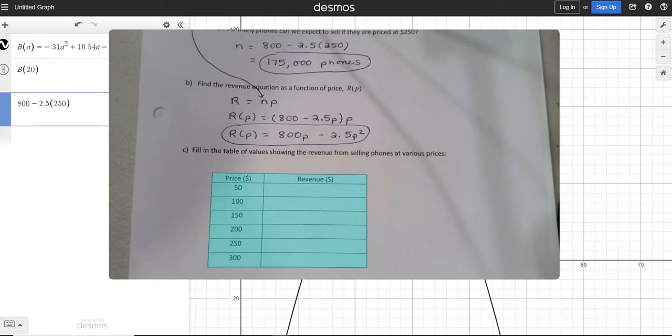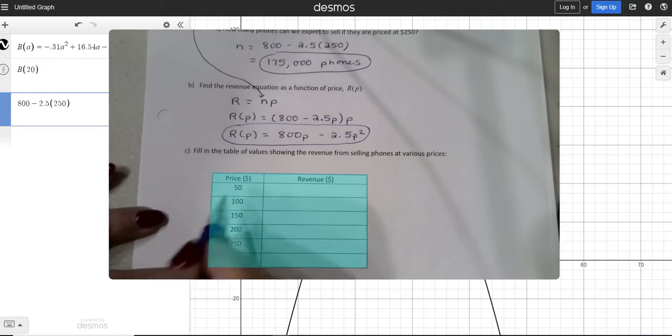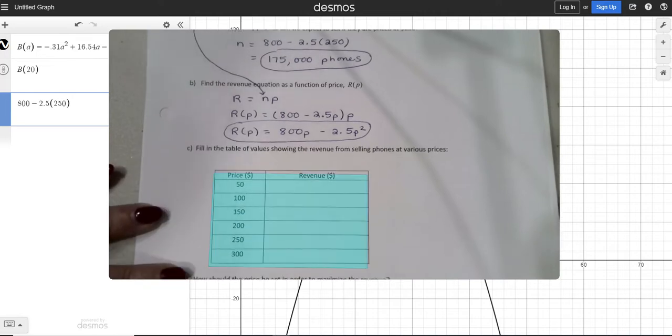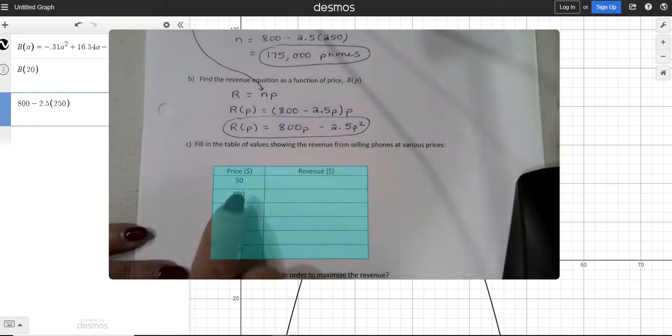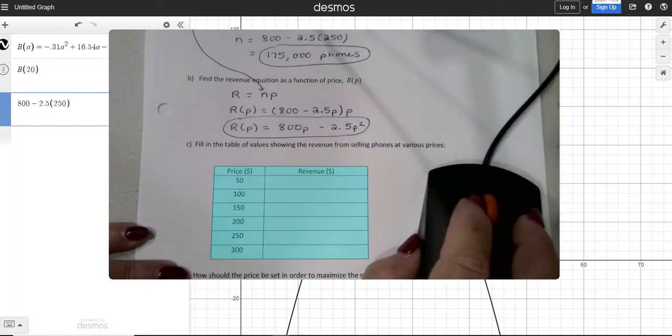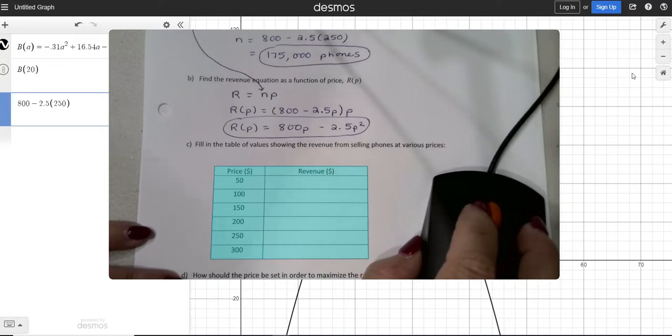Okay, we are now being asked to fill in the table of values that shows the revenue based on various prices of selling these phones. So to make my life a little bit easier, I could do R of 50, R of 100, R of 150, whatever. We haven't used a table for this for a little while, so that might be a good skill to review.